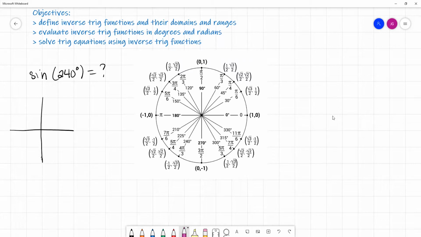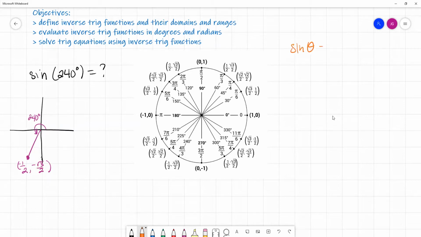So I want to draw where my 240 degrees is. That's going to be right here. My ordered pair at that angle is -1/2 comma negative square root of 3 over 2. And remember, if I'm looking for sine, think back to section 13.3b.